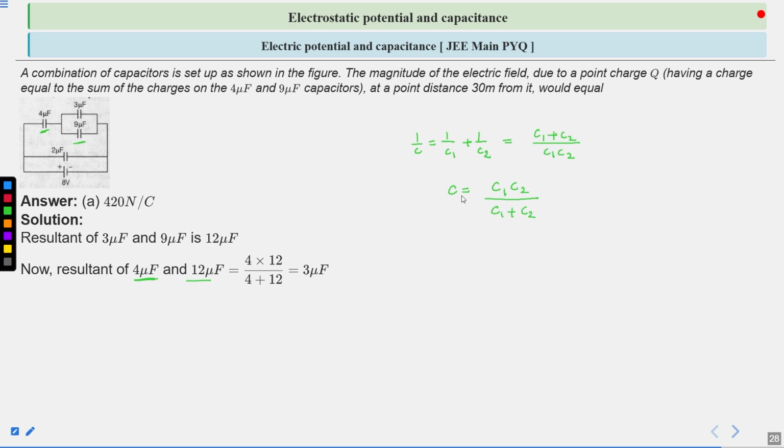C1 is 4 microfarad and C2 is the combination capacitance, 12. So C1 into C2 upon C1 plus C2, got it? Equal to 3 microfarad.